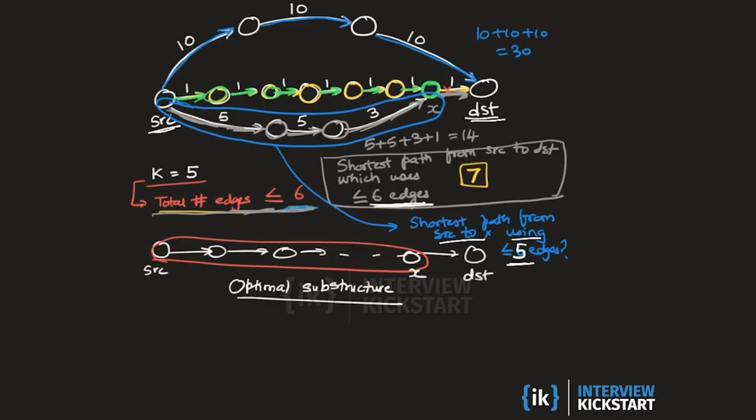So it's not the shortest path from the source to x that uses less than or equal to 6 edges, but it's definitely the shortest path from the source to x which uses less than or equal to 5 edges. If you look at the green path, it uses 6 edges. So if we had to find the shortest path from the source to x which uses less than or equal to 5 edges, it would actually be the gray path. It wouldn't be the green path.